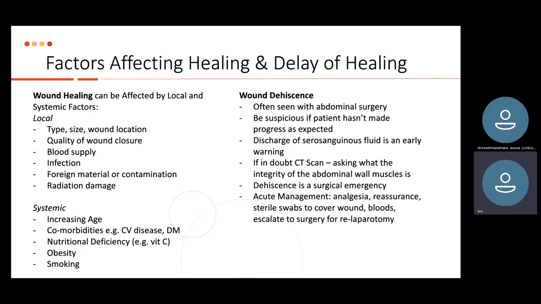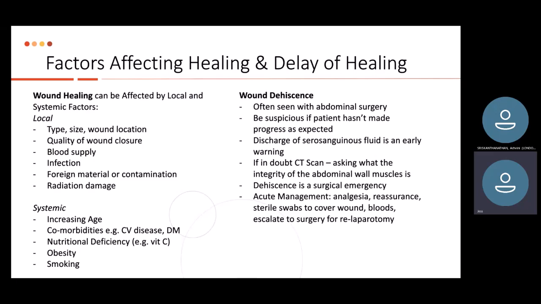So wound dehiscence is basically a breakdown of the wound, and it's extremely serious if it happens. It's often seen in abdominal surgery because there's a lot of tension when you close, say, a laparotomy wound. And it's really important to pick it up early and be suspicious if patients aren't progressing very well, or if you see serous gangrenous fluid discharging.